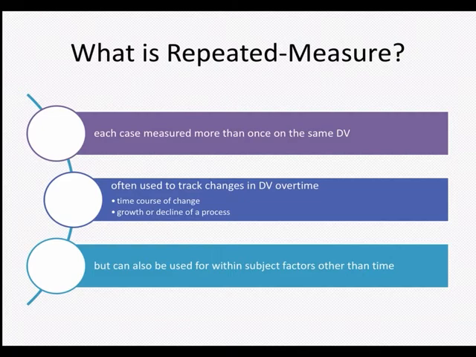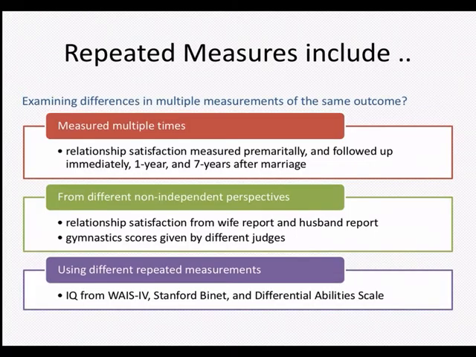There are other forms of repeated measure, which might not sound like repeated, but statistically it's similar because the data points are not independent from each other. The data points or the scores are related to each other. Let me explain a little bit. These are some examples, measured multiple times.